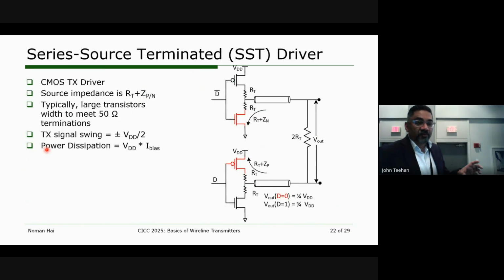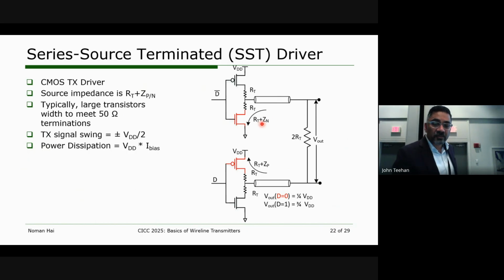So now, this is not a practical version. The practical version is called the source terminated SST driver. And the SST driver is exactly the same driver, like a simple inverter. But the problem with this inverter is, as Nigar mentioned, and also Professor Ali Sheikh-Oslami mentioned as well, the resistance of that NMOS is not highly controlled. It can move around for different reasons.